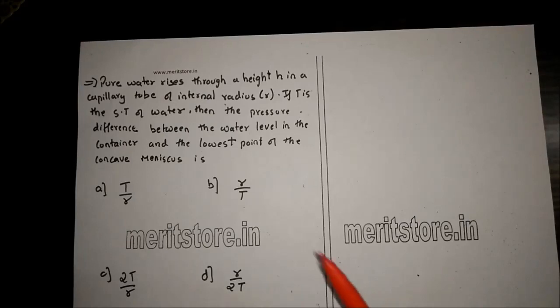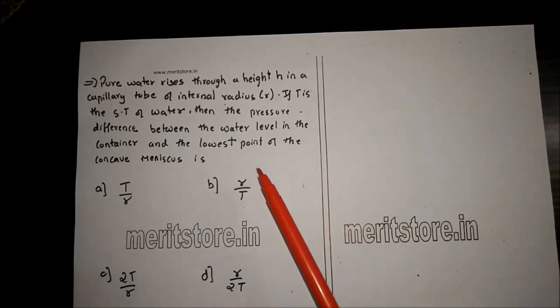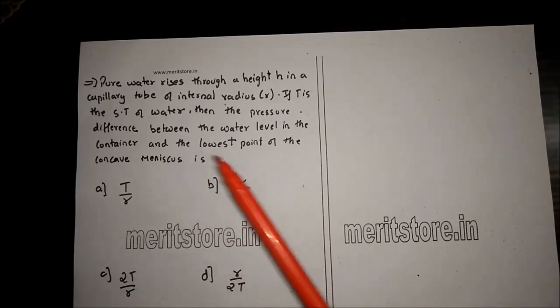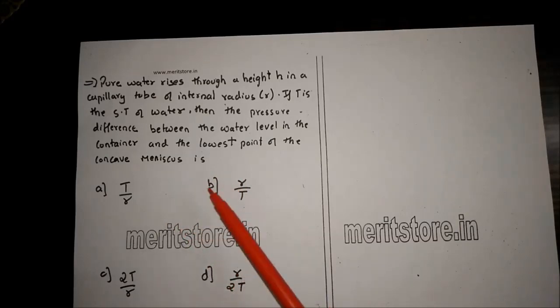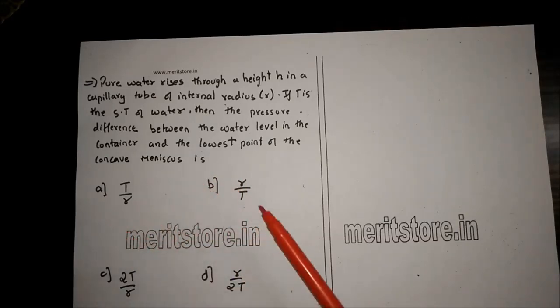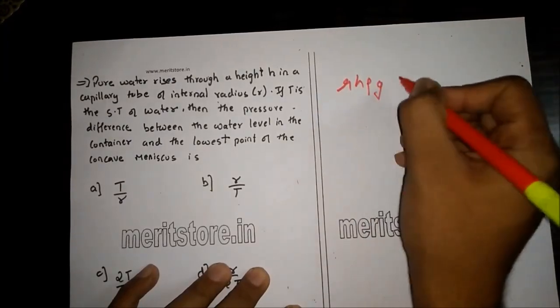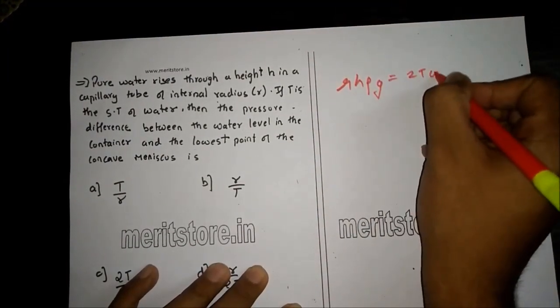Pure water rises through a height h in a capillary tube of internal radius r. If T is the surface tension of water, then the pressure difference between the water level in the container and the lowest point of the concave meniscus is either T upon R, 2T upon R, or R upon 2T. Now, for a capillary rise, it is given by r into h into rho into g is equal to 2T cos theta.